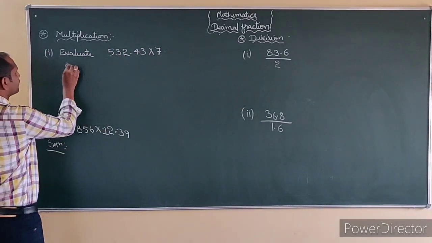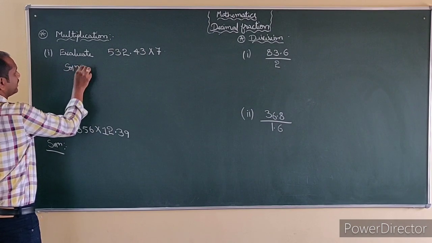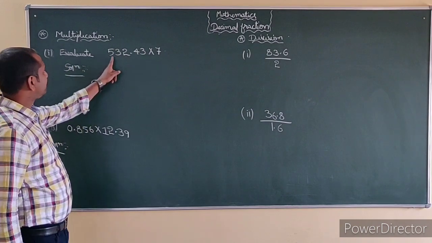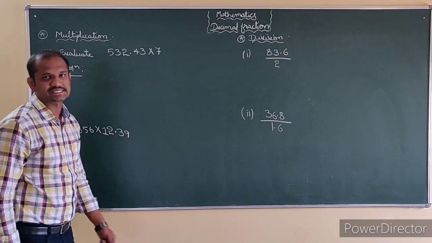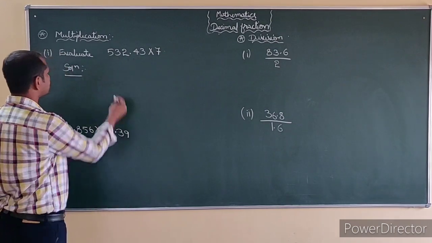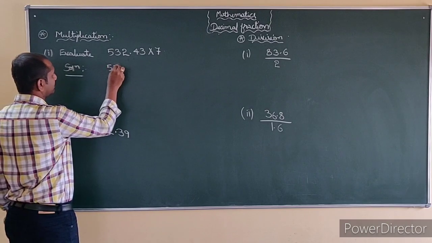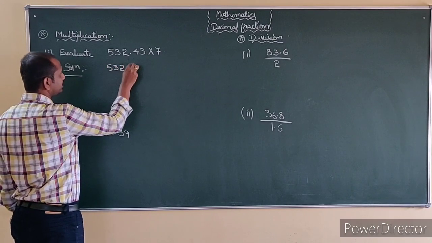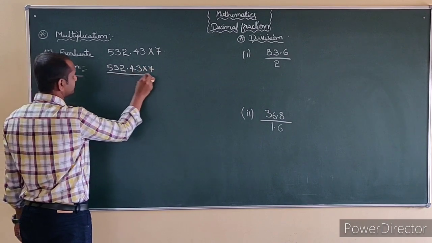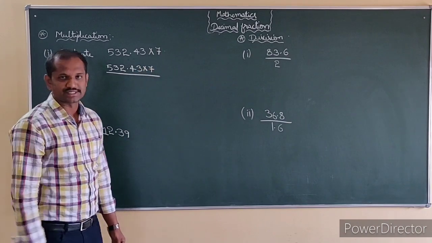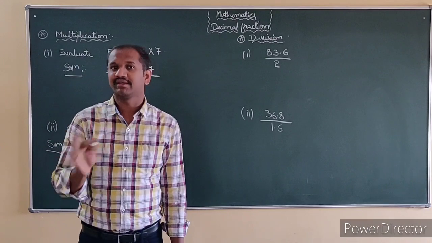So the first problem I have: evaluate 532.43 into 7. I need to multiply this. Let me write it one more time. 532.43 into 7. I have told you yesterday, tables are very important.